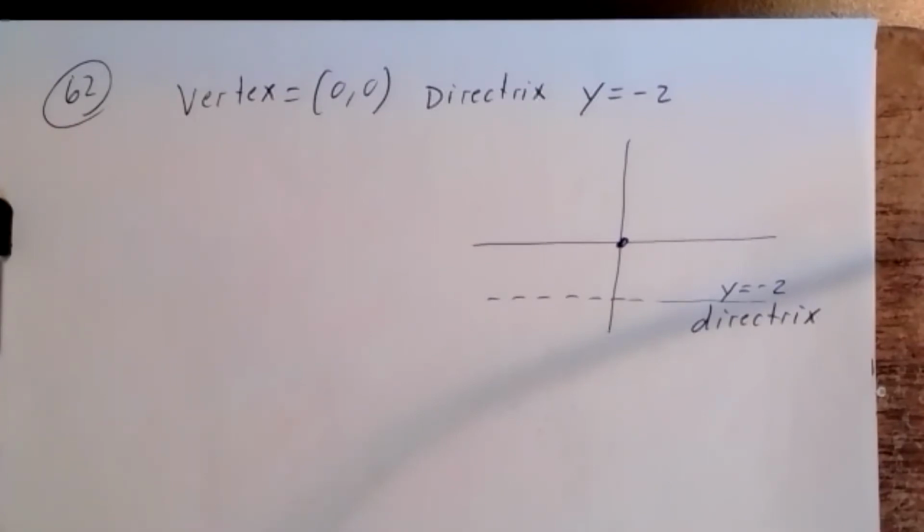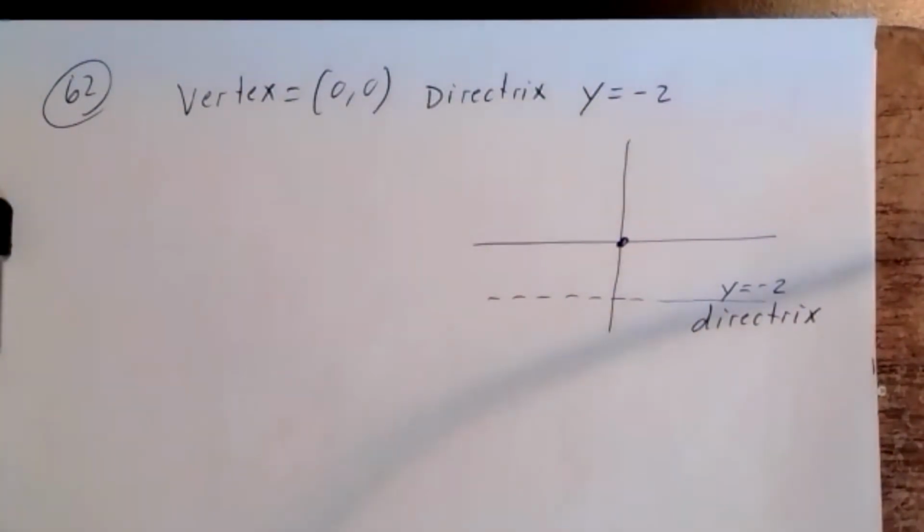Emma, if your life depended upon it, would this parabola open upwards, downwards, right or left? What would be your guess? Down. Okay, you're saying downwards. All right, let's hold on here. Let's analyze this now. Did our parabola ever go through a directrix?